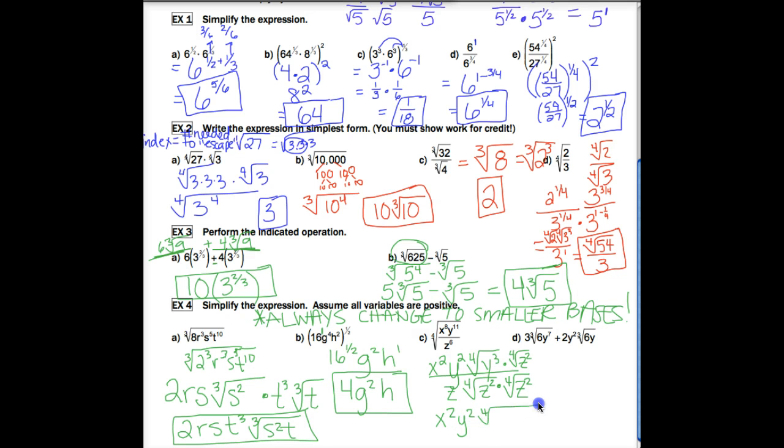Inside my radical, then I've got y cubed, z squared. On the bottom, I already had this z over here. And then these ones, I now have 4 z's. The index is 4, so another z gets to come outside. So z times z is z squared. And there is my final answer.